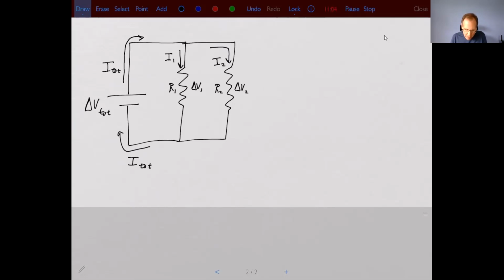Okay. By the way, another way that you can draw this parallel circuit, and you guys see why it's parallel: those two resistors are in parallel with the voltage source, right, with the battery. So you could also draw it like this. These are just wires on top and on the bottom, so it doesn't matter.